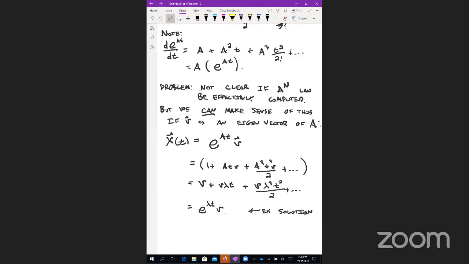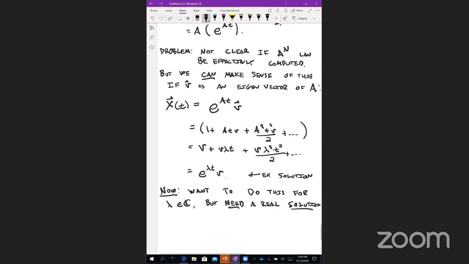Okay, so I just wanted to show you that so we could see this other view of how things happen. Now, we want to do this in the complex case, for lambda complex. Okay, but we need a real solution at the end. We need a real solution.